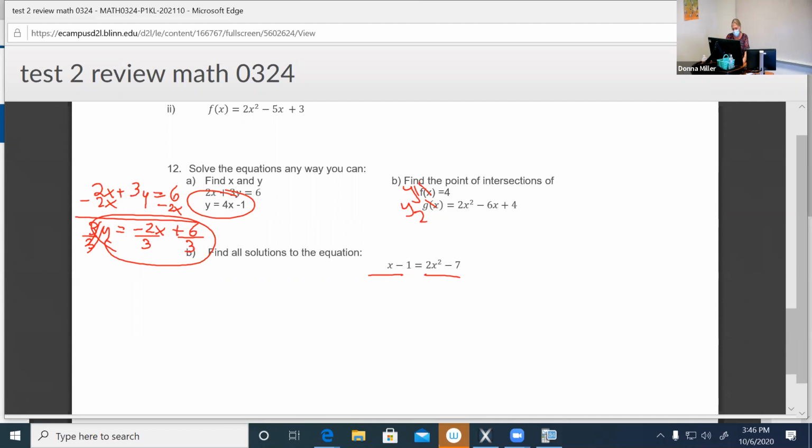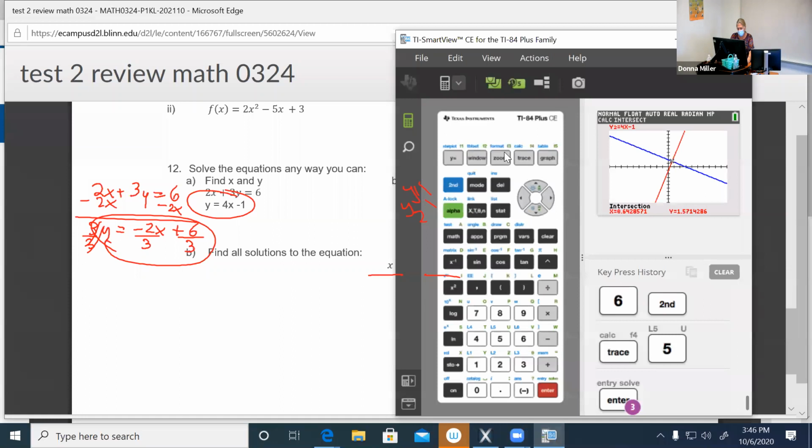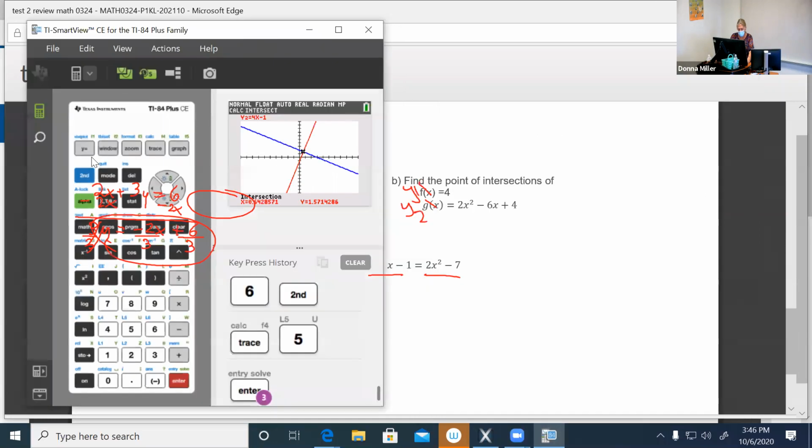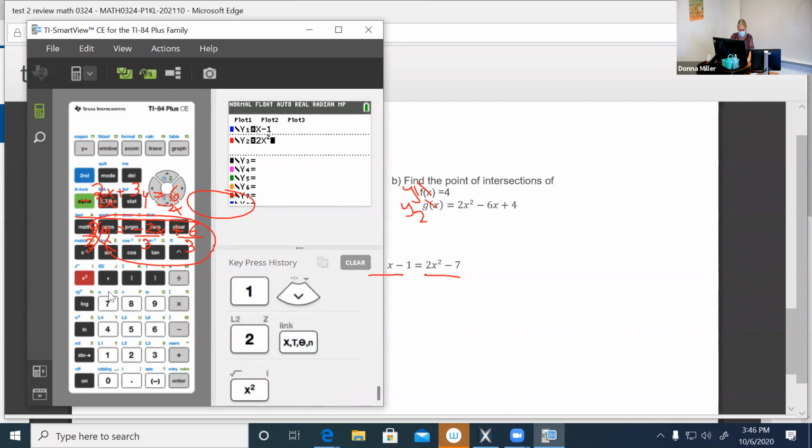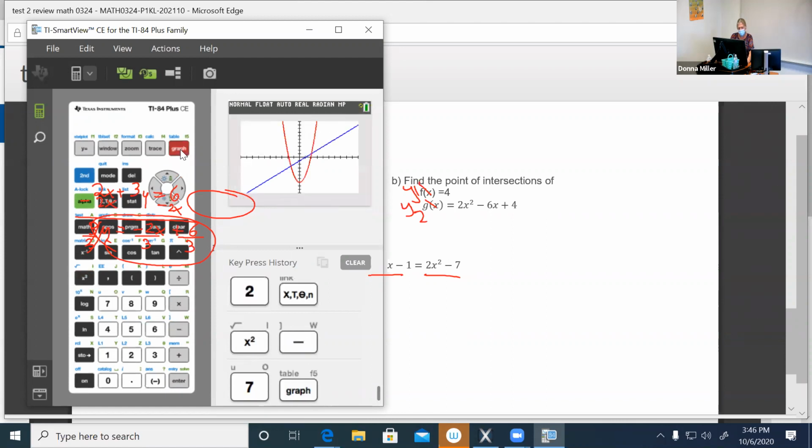I type x minus 1 in one of them, and 2x squared minus 7 in the other, and you graph. All right, you see there's two intersections.